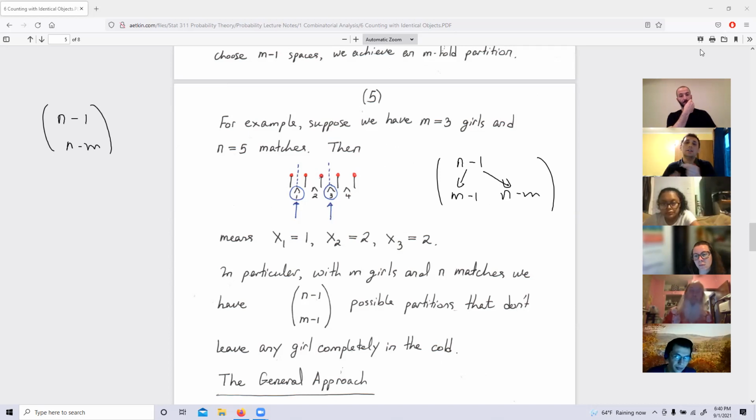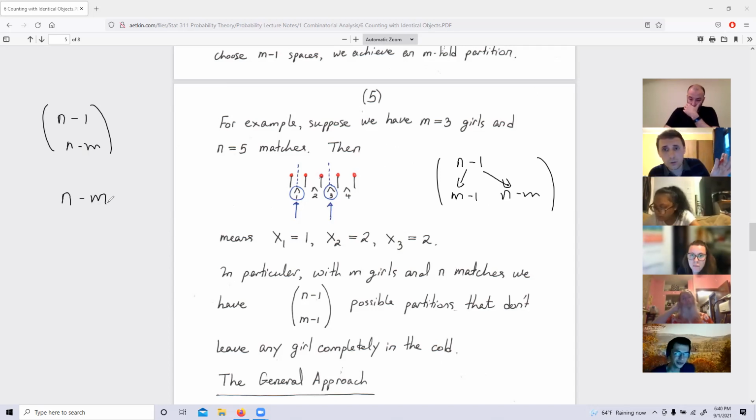So I can deal with that by first giving them the match. I give girl number 1 a match, girl 2 a match, so before I started distributing, I gave each of them 1 match. Then I already satisfied the requirement that each has at least 1. I had m girls and n matches. Because I removed some matches, I now have n minus m matches, and to divide those I'm now allowed to use 0. I need to divide again into m girls.